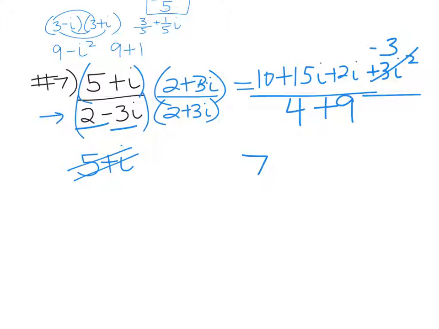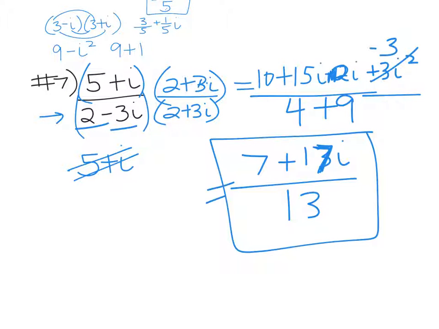So it's 7 plus 2i... Did I do that right? It's all plus. 15 plus 2. Oh, that was a plus. Okay, so that's 17. All over 13. And you can leave it just like that, or you can split it up. Either way.